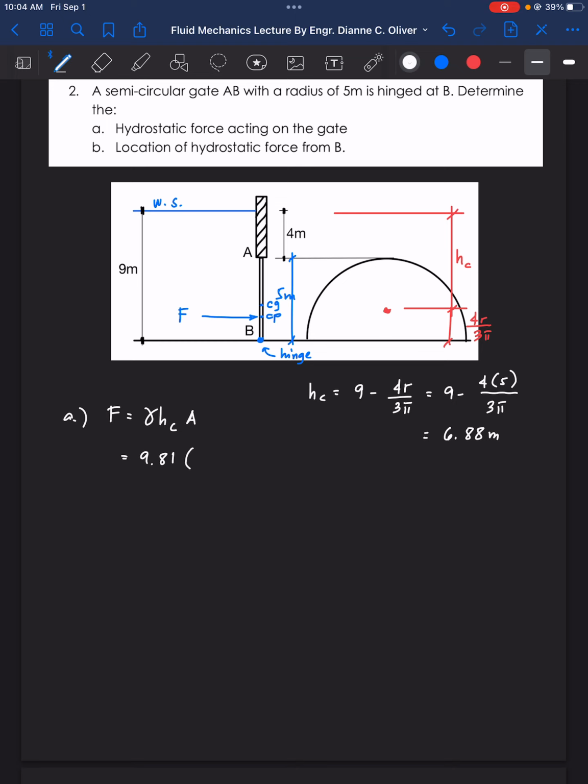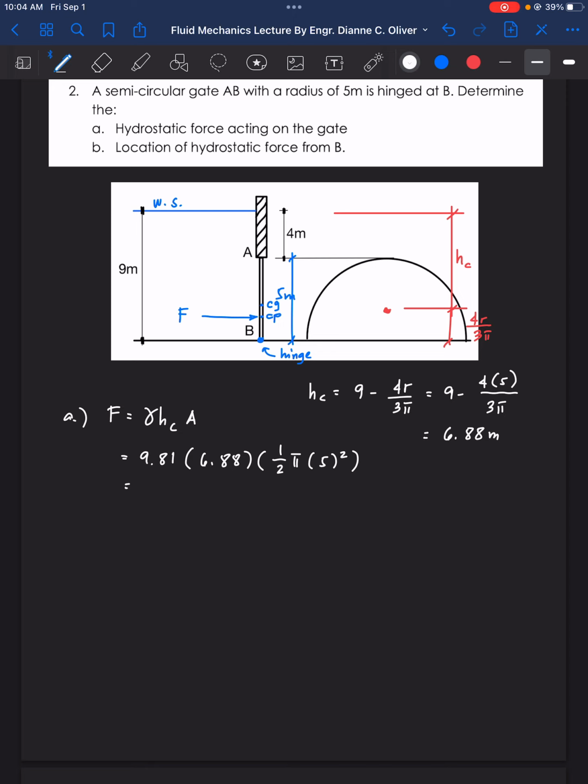Our HC is 6.88, and the area of a semicircle is 1/2 of pi radius squared. So 9.81 times 6.88 times 0.5 times pi times 5 squared.